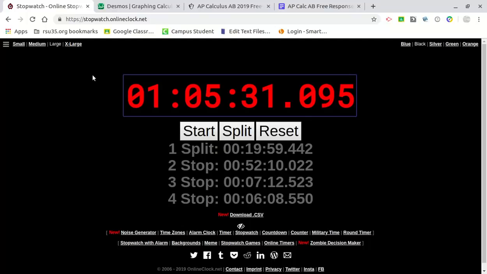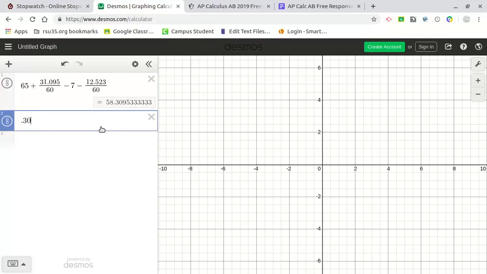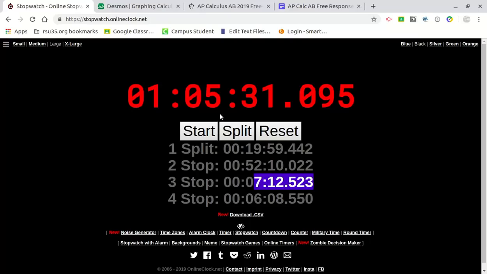So this is the number of minutes in the calculator, minus 7, minus 12.523 over 60. So this is the number of minutes I ran. So 58.3, so 0.3095 times 60. So 58 minutes and 19 seconds, basically. So that's pretty good, 58 minutes, 19 seconds.